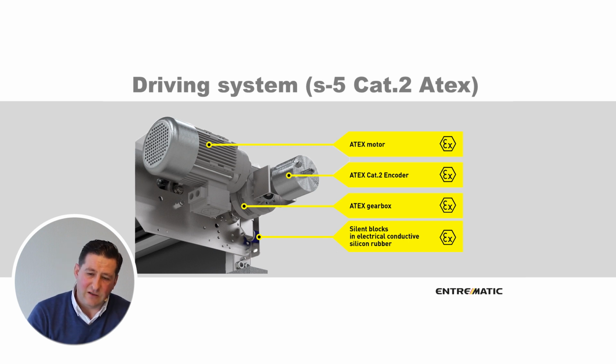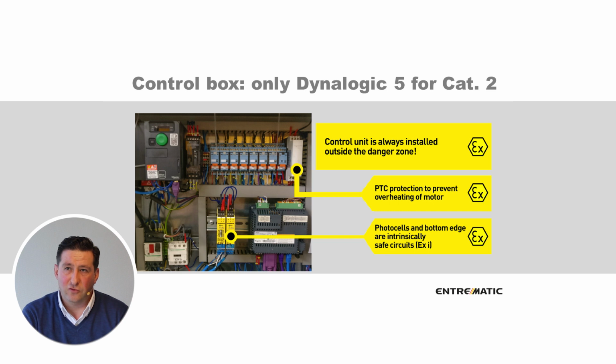And this is the reason that for the category 2 we can only use the Dynalogic 5, because the communication, the protocol of the encoder, is different, and therefore we need the Dynalogic 5. Here again you see the blue wires are the intrinsic safe circuits of the photocells and the WDD.